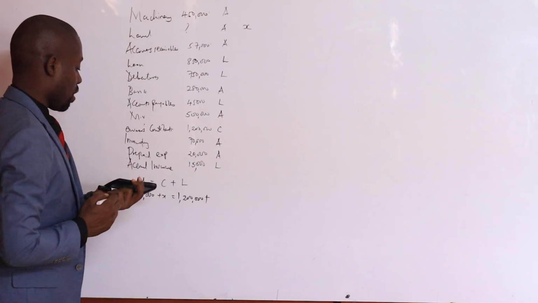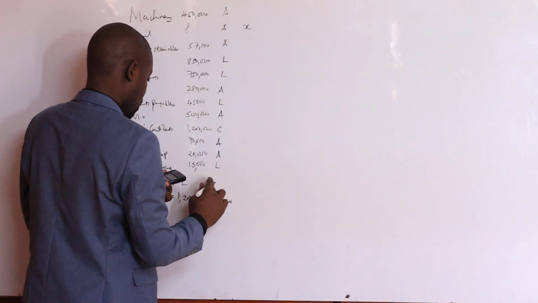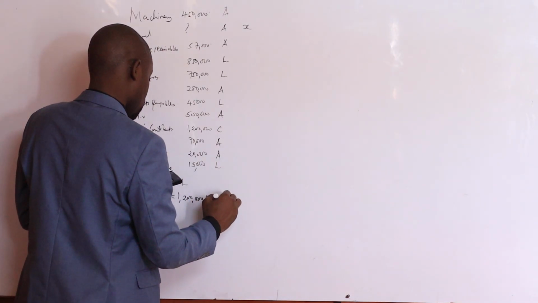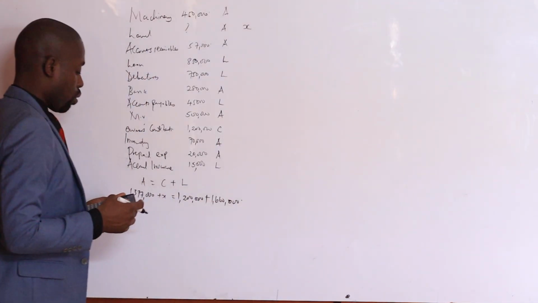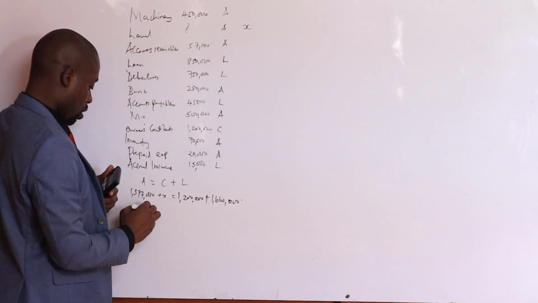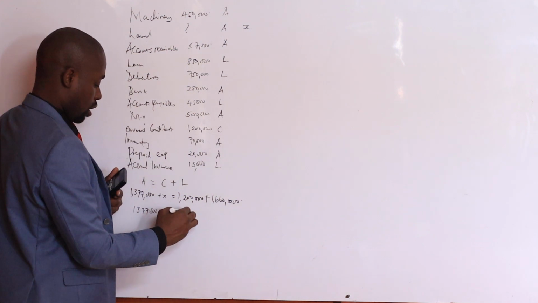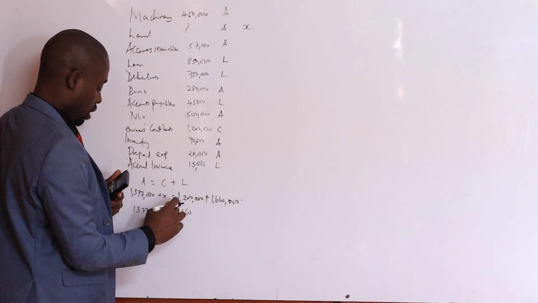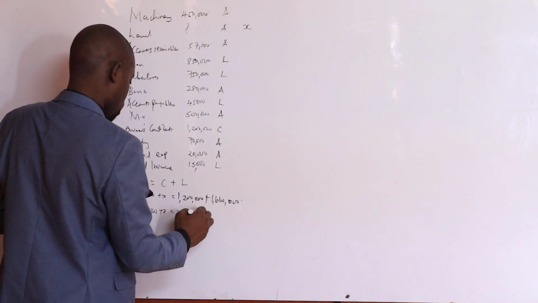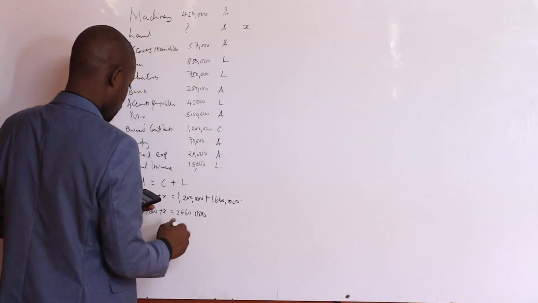That is 1,660,000, the value of liabilities. So you want to get the value of X. So you're saying that 1,377,000 plus X equals 1.2 million plus 1,660,000, which is 2,860,000.